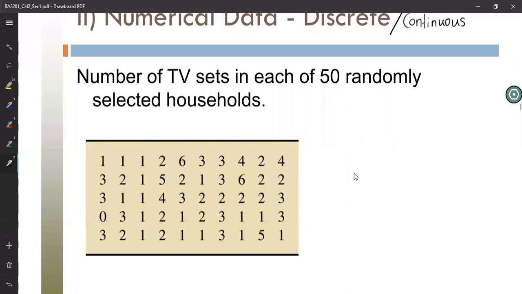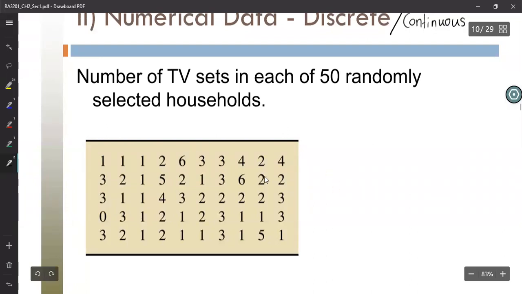How many TV sets they have. Usually we have only one TV. Some houses have two, and in this sample they have even up to 6 TVs. Not in Sri Lanka, some other country.